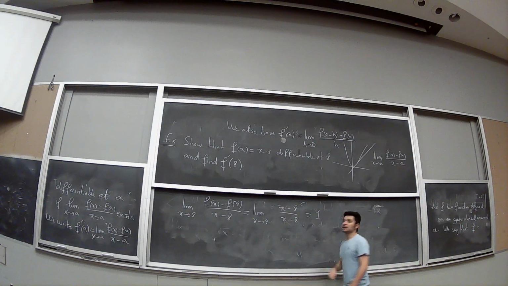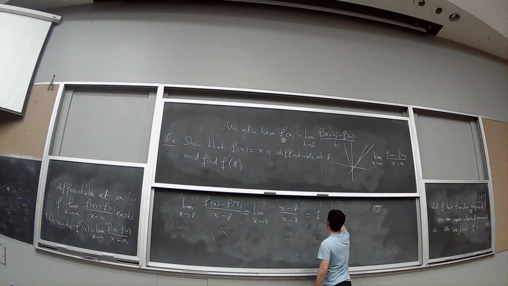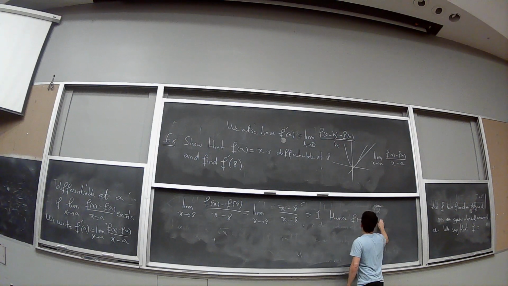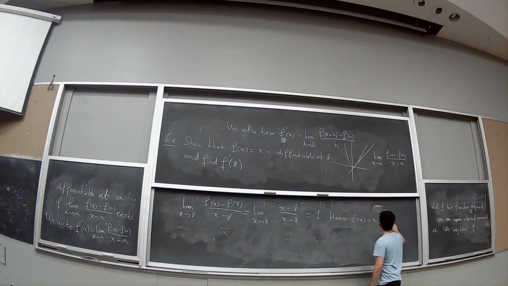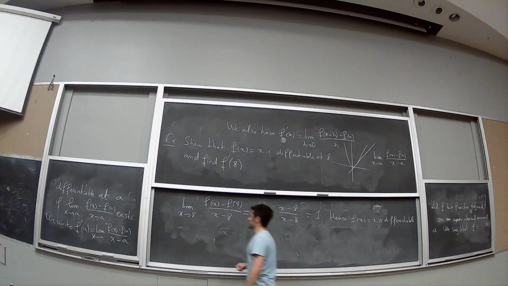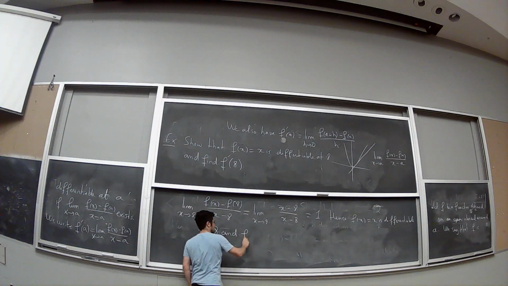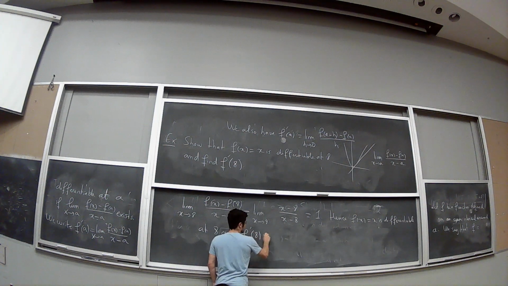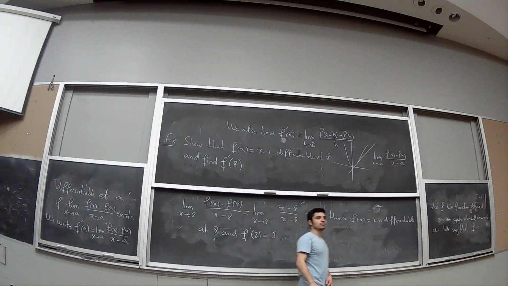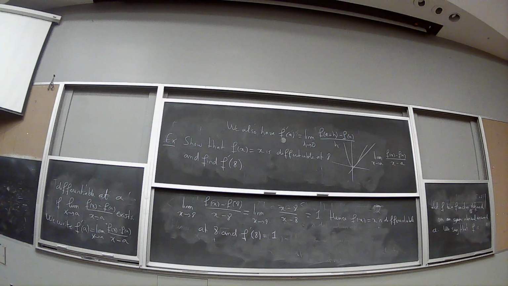Is f differentiable at 8 or not? Hence, f of x equals x is differentiable at 8. I don't like saying f of x equals x is differentiable, but that's fine. We should write f is differentiable at 8, and f prime of 8 is equal to 1. Are we good?